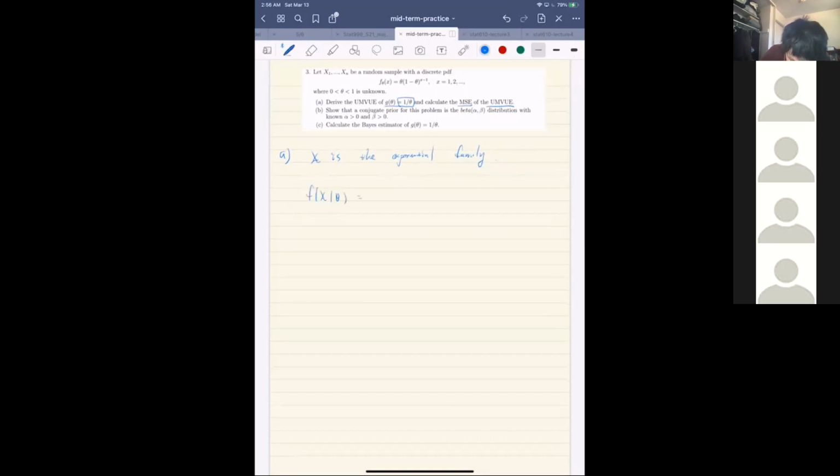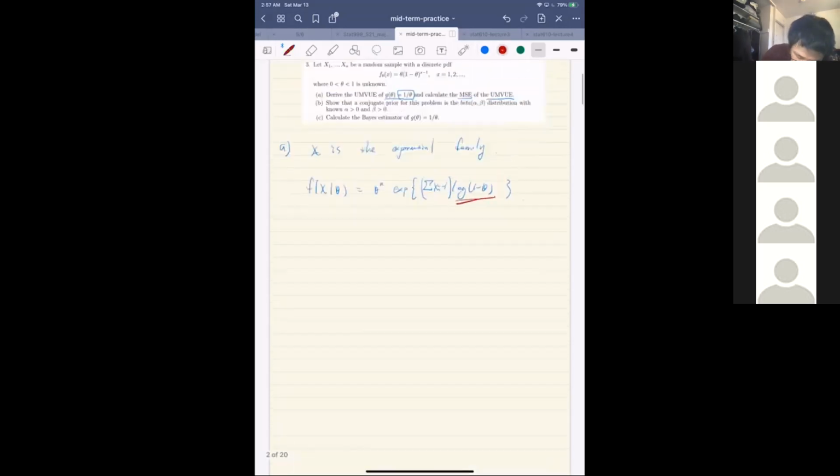This should be like theta to the n and the exponential of log(1 minus theta) times the summation of si minus 1. Okay. So you can say this is also full rank.